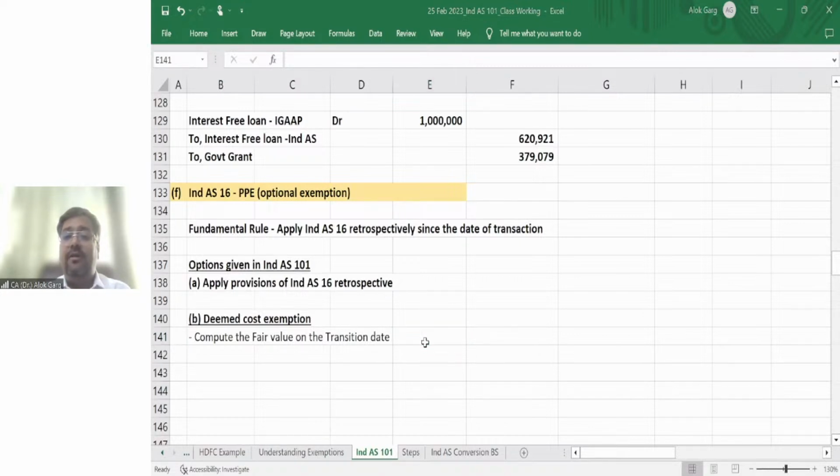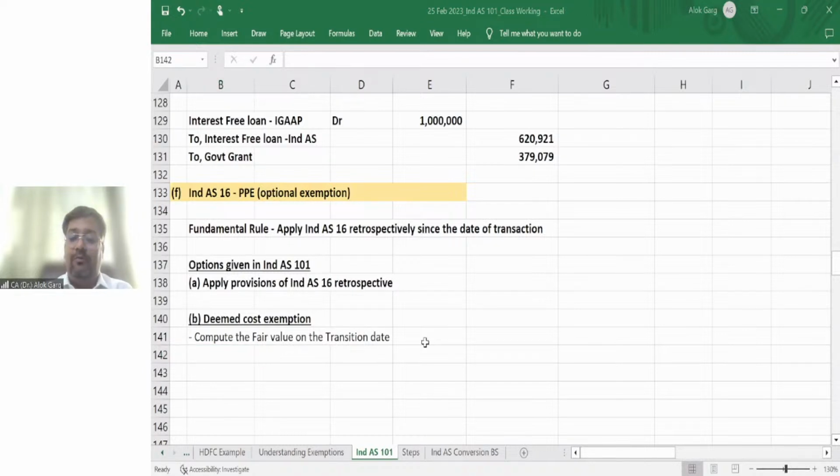Okay. If this is not feasible, then what can you do? Compute the fair value on the transition date, or if you don't want to do the fair valuation and you don't want to do the retrospective accounting, you have one more option. What is that option?